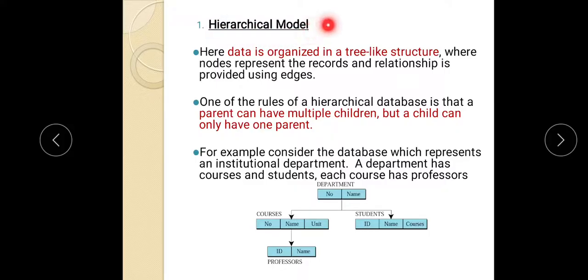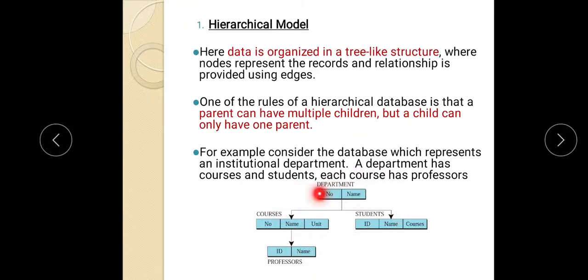So this is the hierarchical model. Hierarchical model means the data is organized in the form of tree structures. Each of these nodes is called a record. This is one record, this is another record, and these records are arranged in the form of a tree.